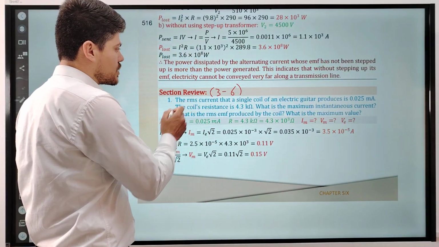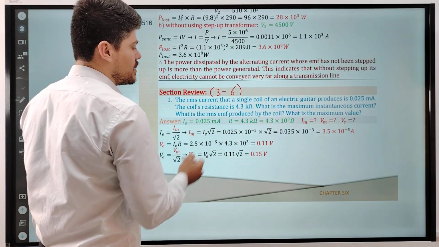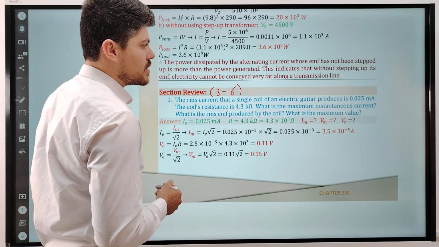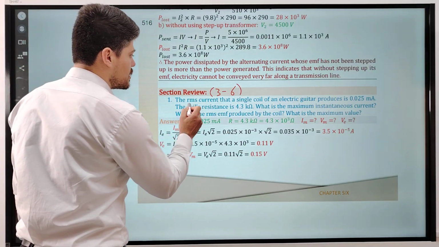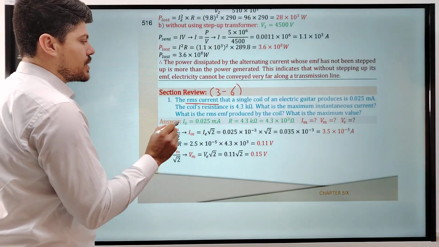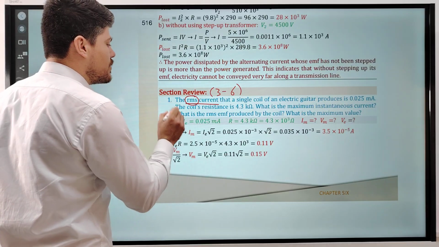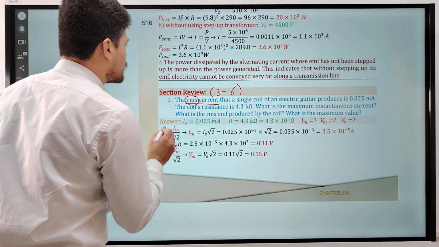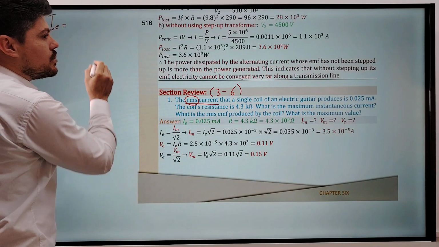Question 1 in section review 3.6: the RMS current that a single coil of an electric guitar produces is 0.025 milliampere. What do you mean by RMS? It means the effective value.